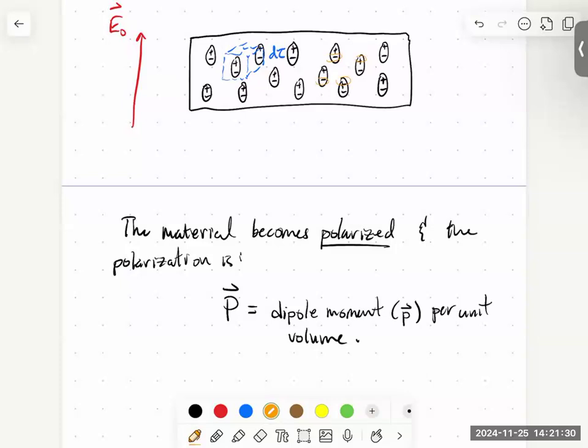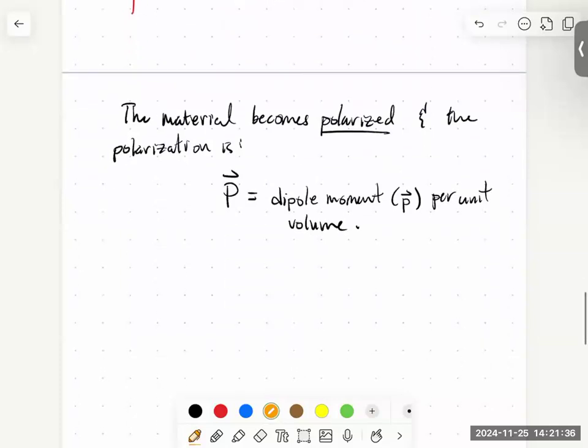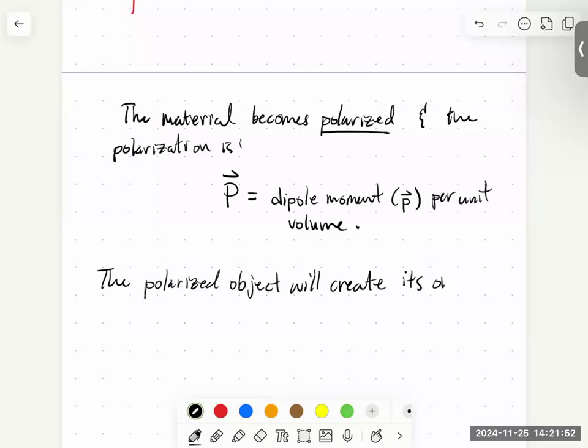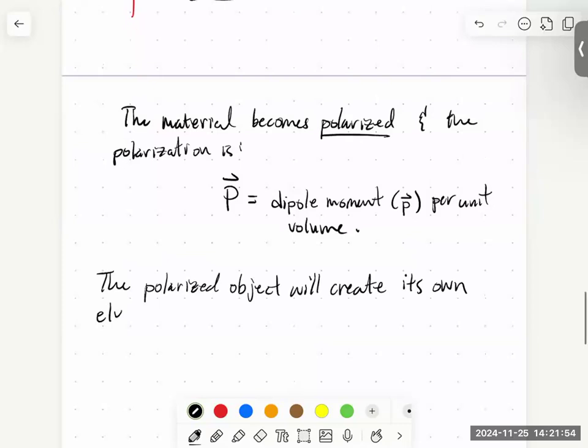So not the electric field that caused the polarization, but the electric field that arises because of the polarization. Okay, so the polarized object will create its own electric fields.